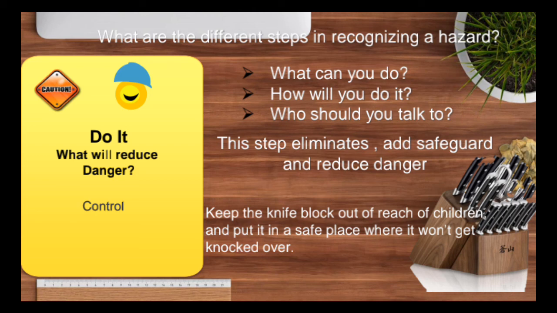These are the safety precautionary measures that you're going to do in order to avoid risk. In our example, knife is one example of hazard. What will be the risk? Knife cuts or lacerations. How will you control it? Keep the knife out of reach of children and put the knife in a safe place where it won't get knocked over. Okay?